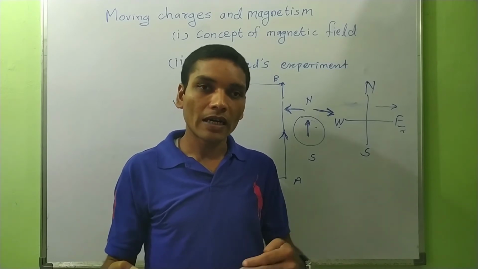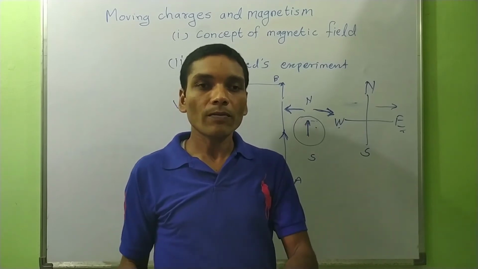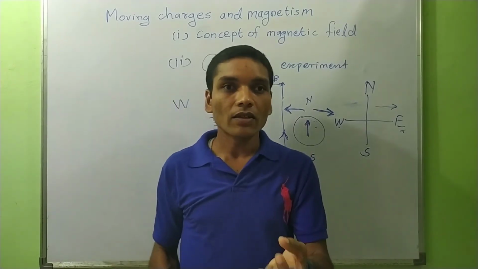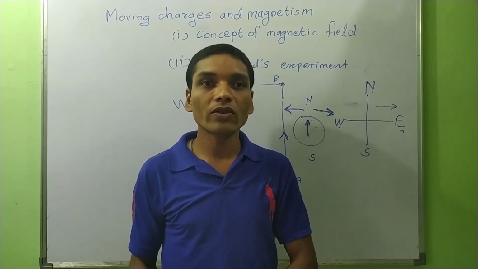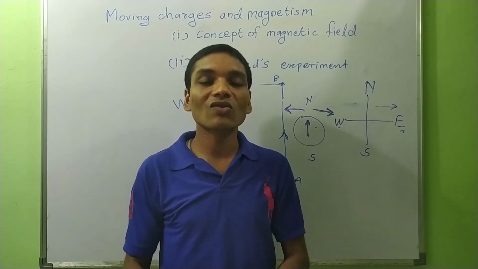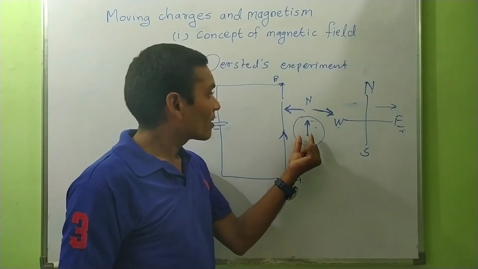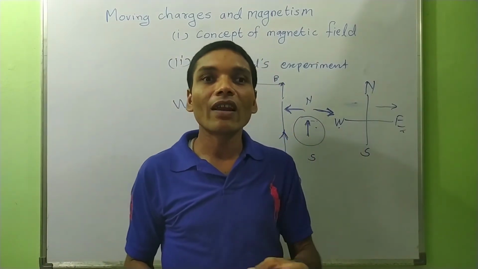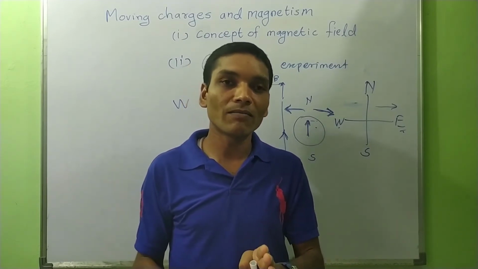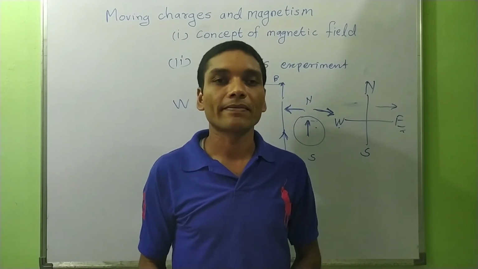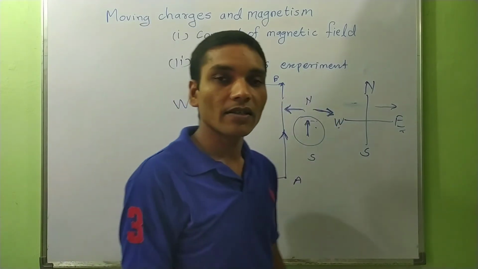Magnetic force may be attractive or repulsive. You know that like poles of a magnet repel each other, and unlike poles attract each other. That's why the magnetic needle experiences some magnetic force, and that's why it deflects. These are the experiments of Ørsted.